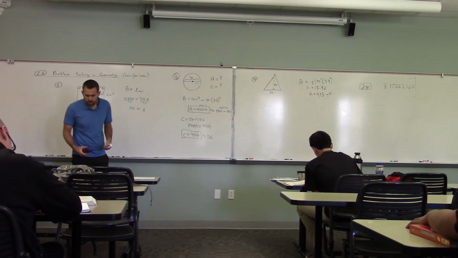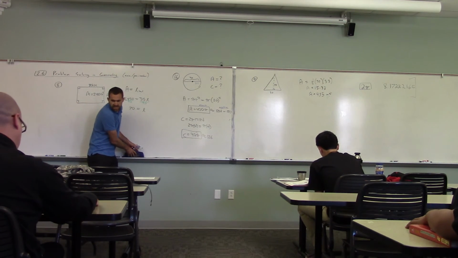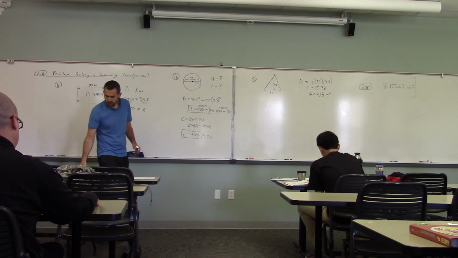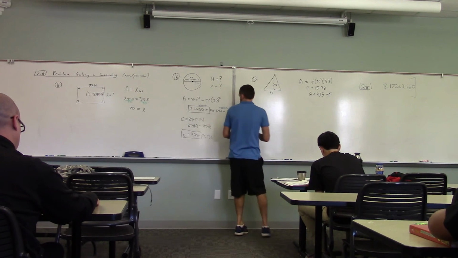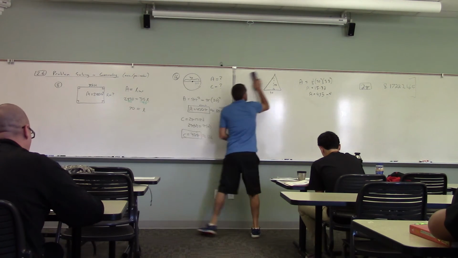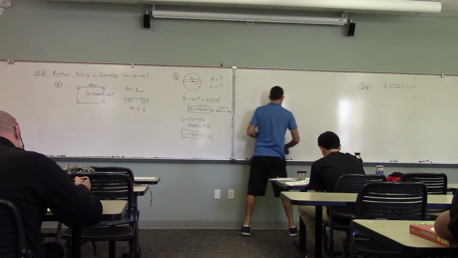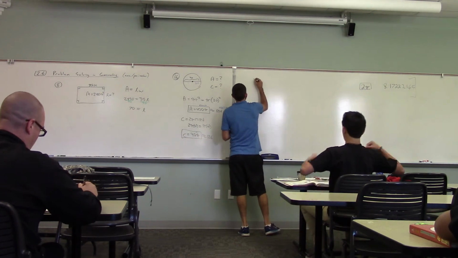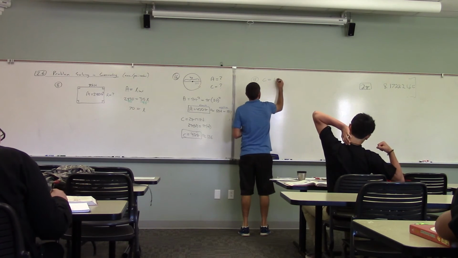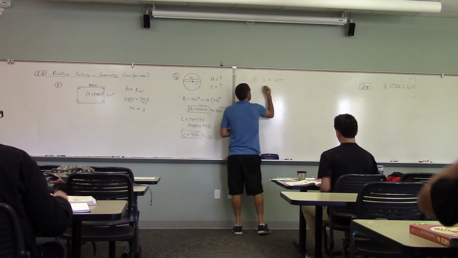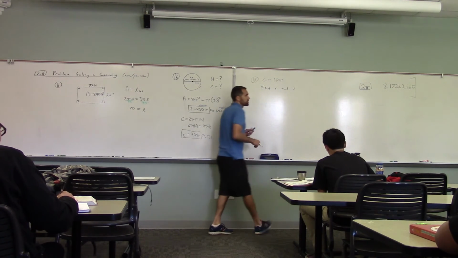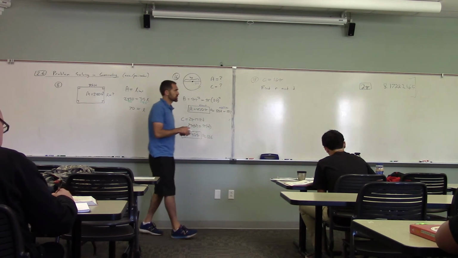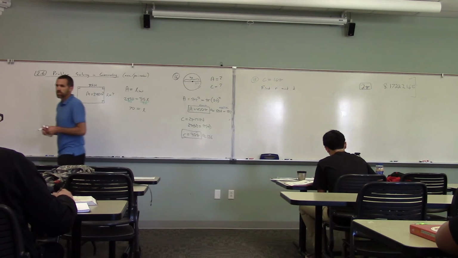All right, let's do one last problem. Problem 18: the circumference of a circle is 16 pi. It says find r and find d. So if we know the circumference is 16 pi, how would we find the radius?